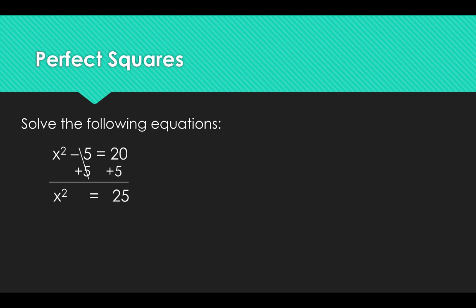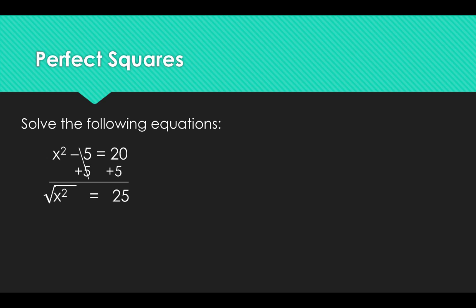So we're left with x squared equals 25. Now we want to get x by itself. We don't want x squared. So in order to get rid of that squared, we need to take the square root. The square root and that squared are going to end up canceling each other out to leave us with x.